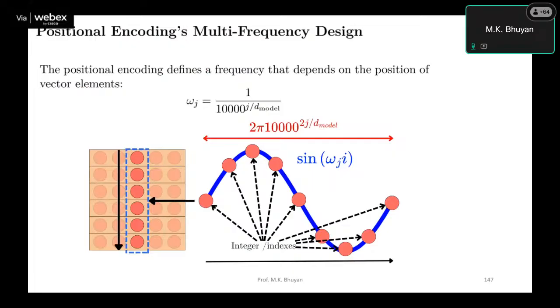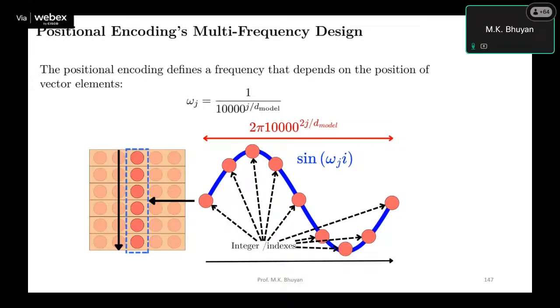Corresponding to a particular sine wave, you can see we have these different positions in the sine wave, and we can consider multiple frequencies for encoding. Corresponding to one red point, if you see the column, that column gives the position of the element in the vector.